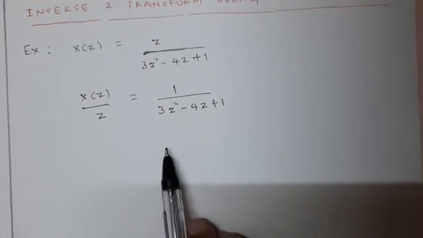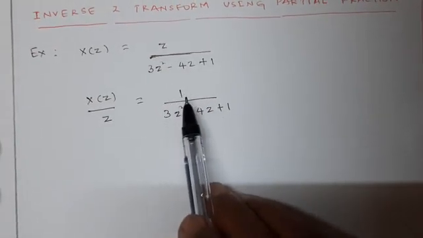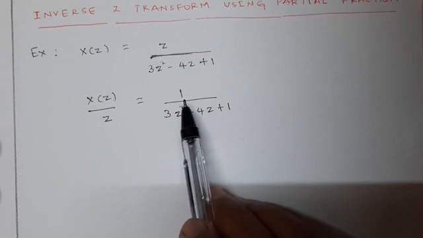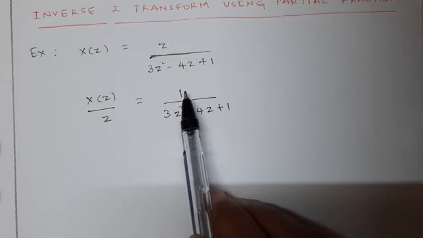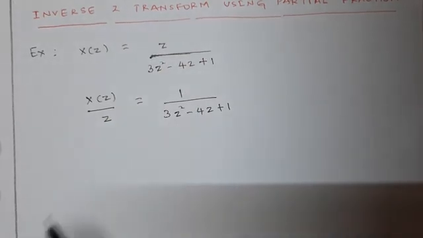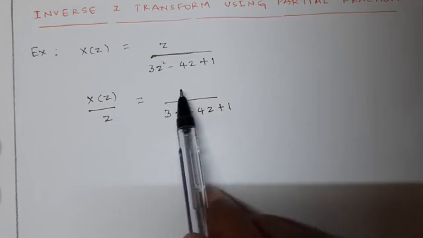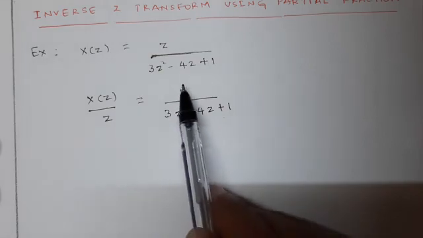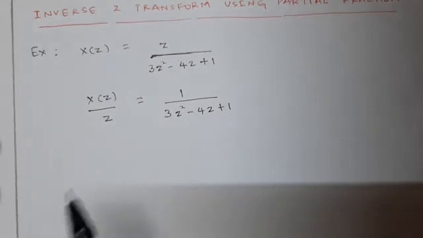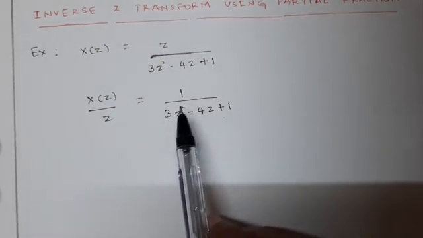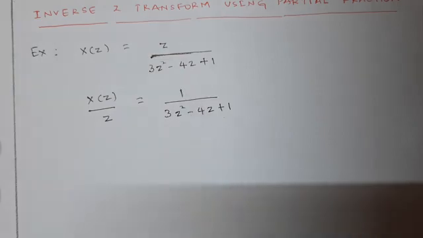When you are trying to find the partial fraction of the given equation, the equation should always be a rational function. That is, the numerator power should be less than the denominator power. Here the highest power of the denominator is z square, and the numerator is z to the power 0, so the numerator power is less than the denominator power. If it is not, you should make the equation such that the numerator power is less than the denominator power.